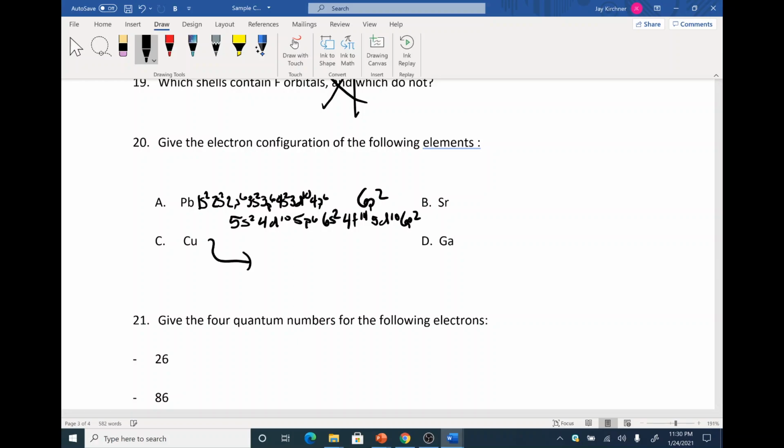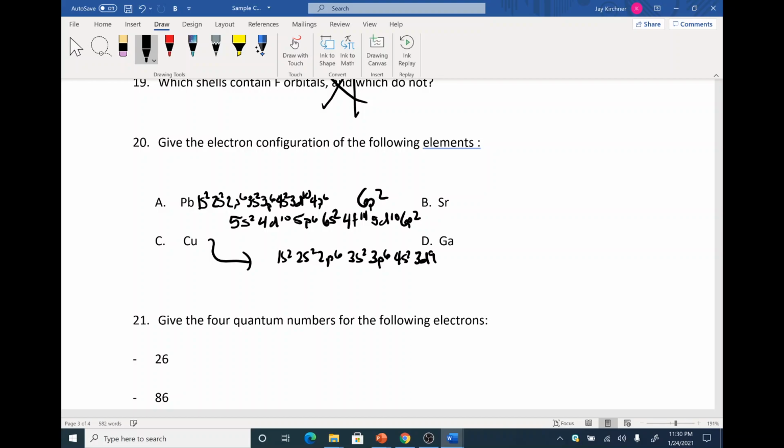Copper. Okay, that's a 3d9 one, but it's in the fourth row, so row 1, row 2. You've had to do this so much that you're never going to forget it. Strontium.